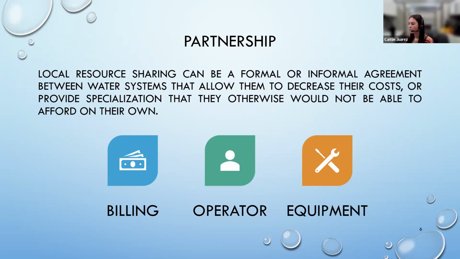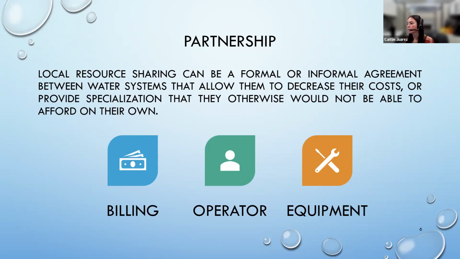Instead of each of these water systems paying a part-time operator or a manager to help with these functions, the water systems can work together to jointly contract these services out, and hopefully they would get a reduced rate or a more specialized staff while they still maintain their local identity. So they're not connected, but they can partner together to hopefully see some reduced costs.